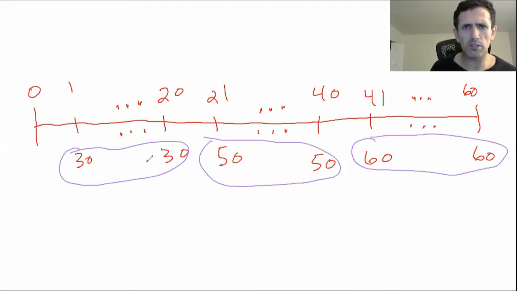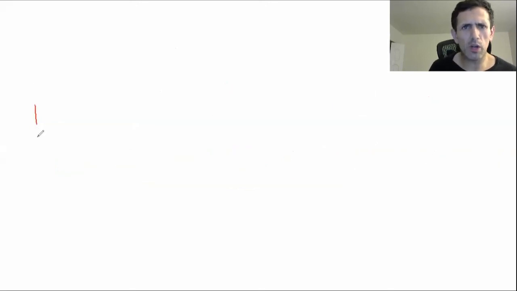Okay, so let's do the easy one, $30 here. Maybe I should put the dots right here, actually. Not that it really matters. Anyway, this time diagram is pretty straightforward.